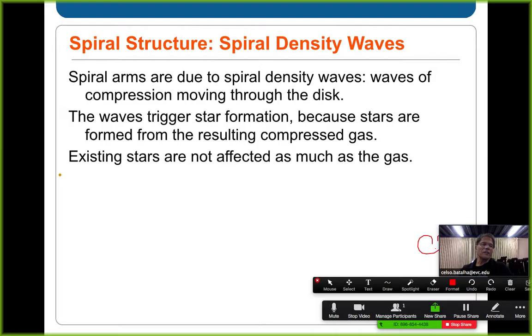One interesting solution to this conundrum was brought by, in fact, a very simple experiment done by a Russian. I think it was an astronomer, but I can't remember exactly. What he did, he had a plate, a rotating dish with water.